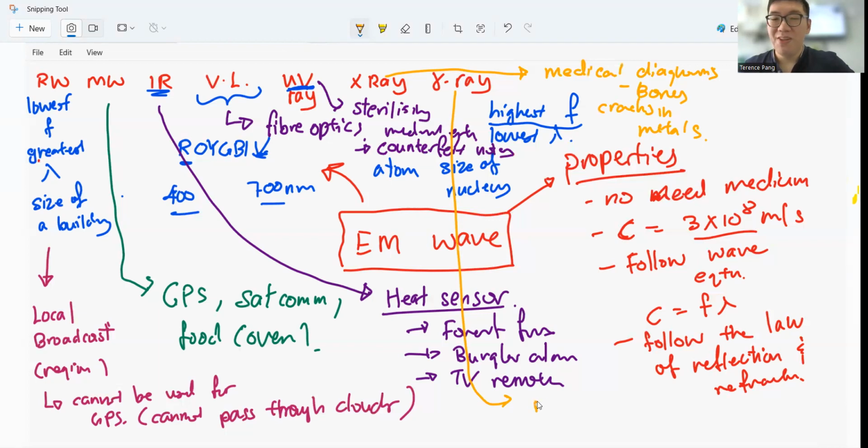Not chemo, radiotherapy. Chemo is where you inject the patient. Radiotherapy is radiation. Nuclear bomb, sure, but nuclear bomb is under nuclear physics. X-ray and gamma rays are not used to make nuclear bombs. Gamma ray is produced when a nuclear bomb detonates.